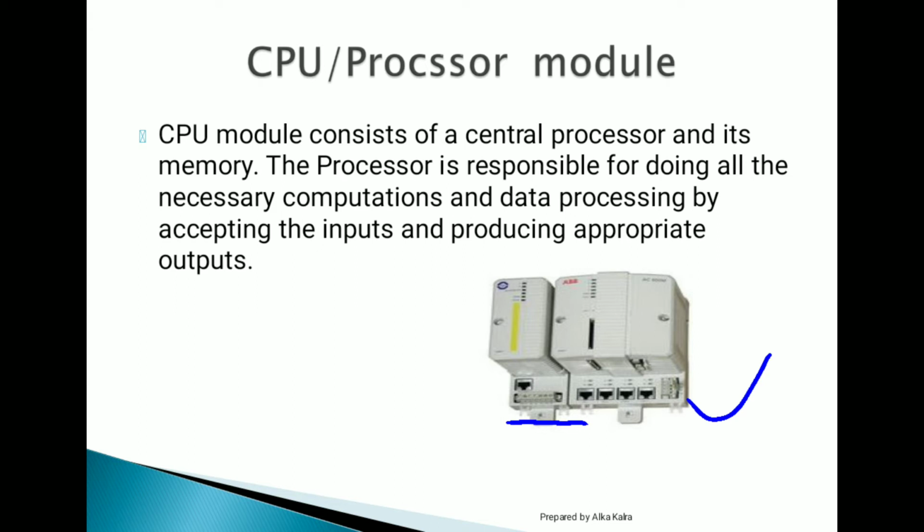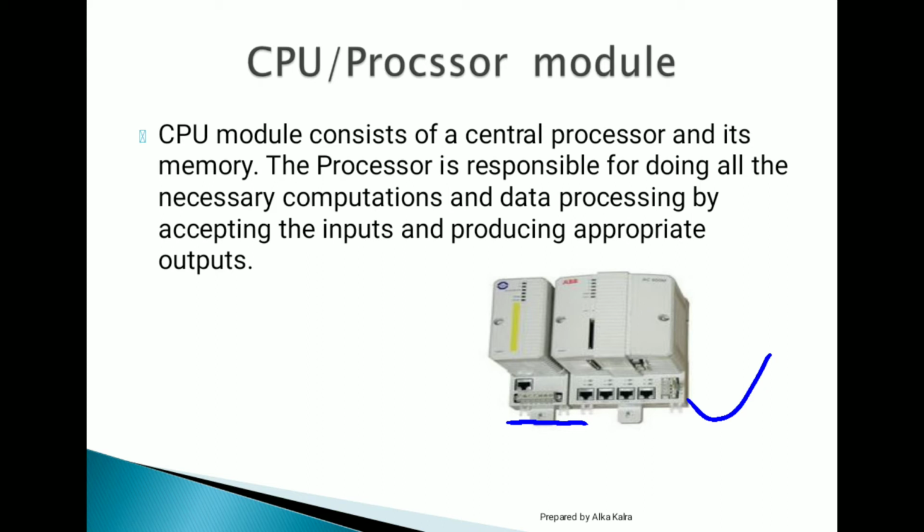The CPU module is also called the processor module. It has a central processor and the memory; both are there in the CPU module. What is the function of the processor? The processor does all the computations.